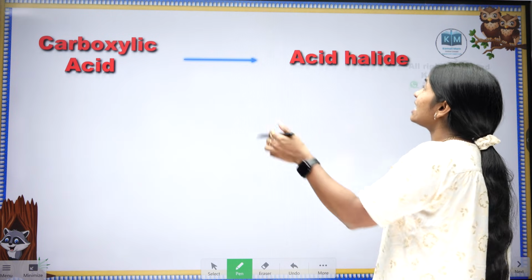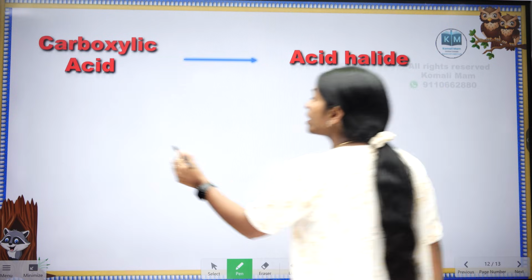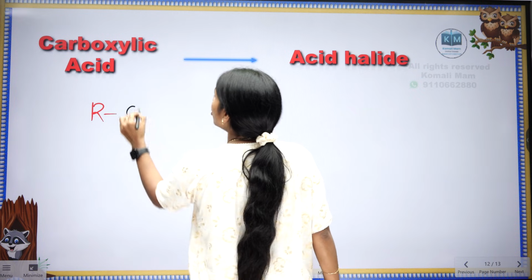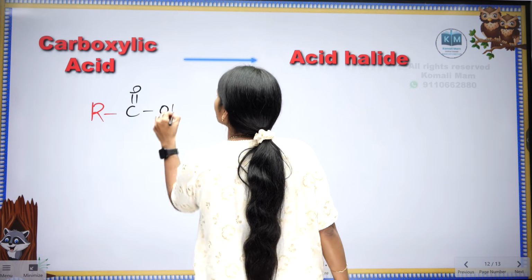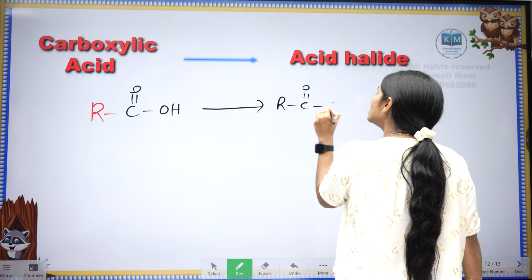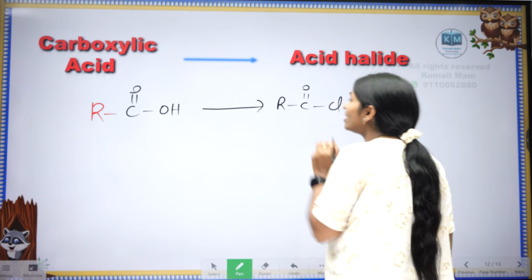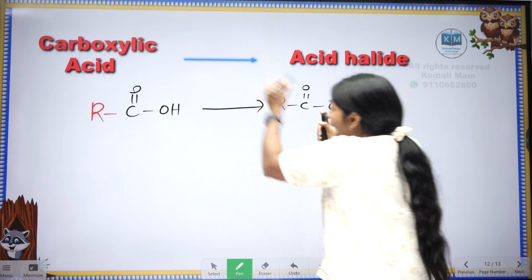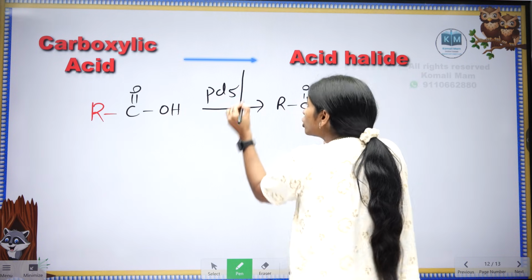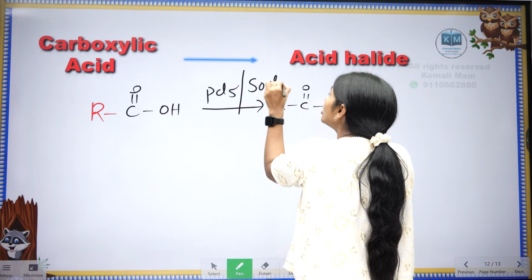Next, carboxylic acids into acid halide. What is carboxylic acid? R C double bond O, OH is carboxylic acid. Acid halide, R C double bond O, Cl, means acid derivative you are preparing. From acid you are getting this. You can use phosphorus pentachloride or thionyl chloride.